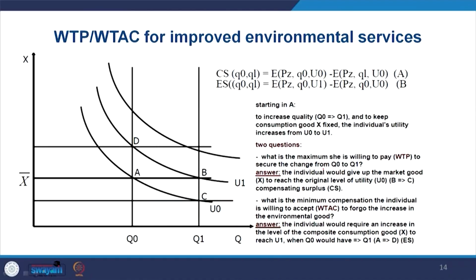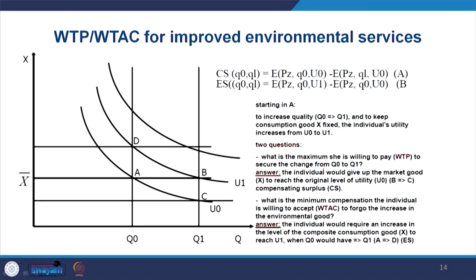Now, from this graph you can easily understand the two concepts, compensated surplus and equivalent surplus. When there is a change in the quality of environment, how that change is affecting consumer welfare can be explained in terms of compensated surplus and equivalent surplus.